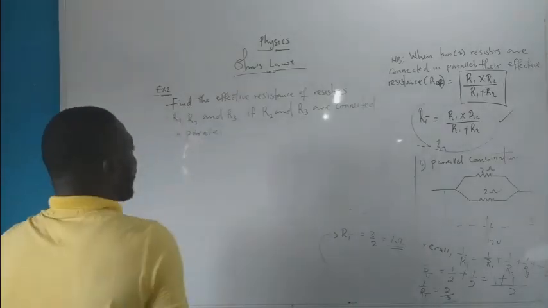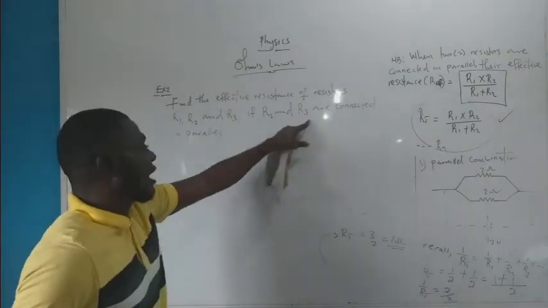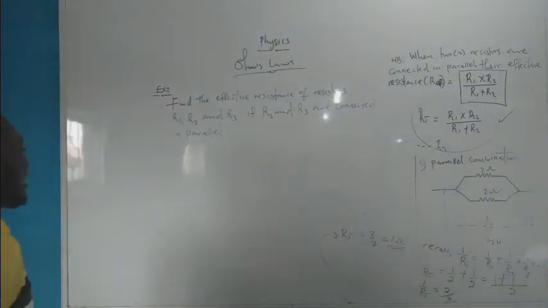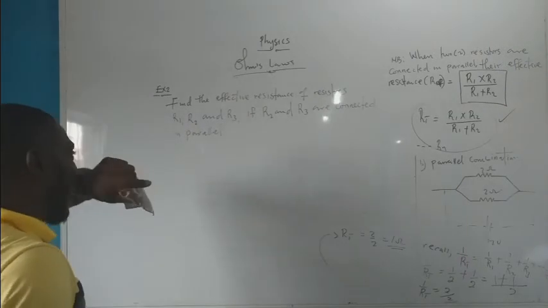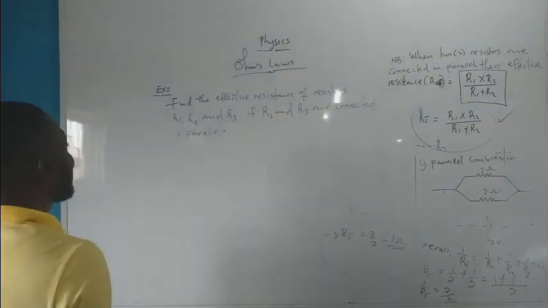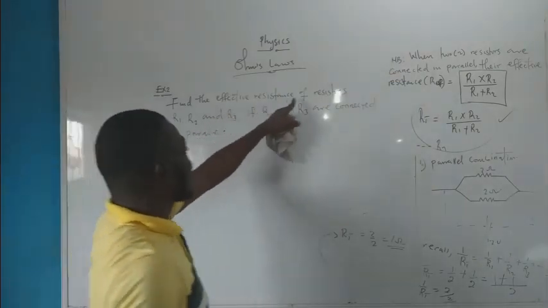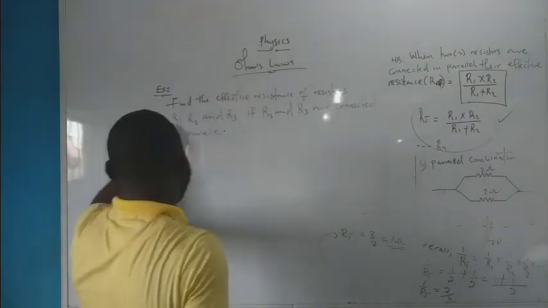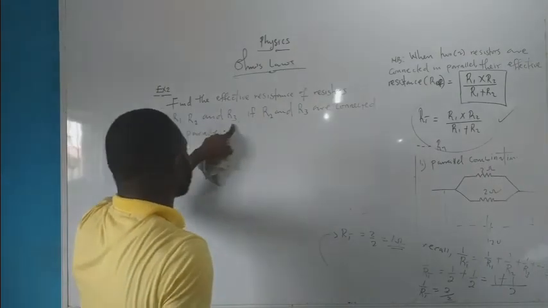If R2 and R3 are connected in parallel, and this is connected in series with R1, find the effective resistance of resistors R1, R2 and R3.